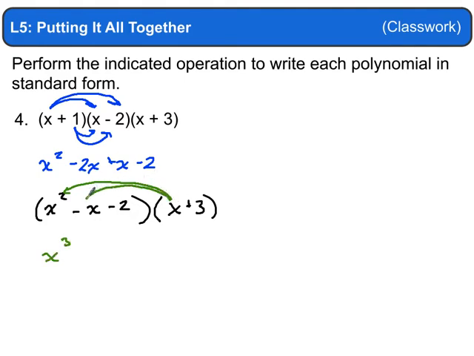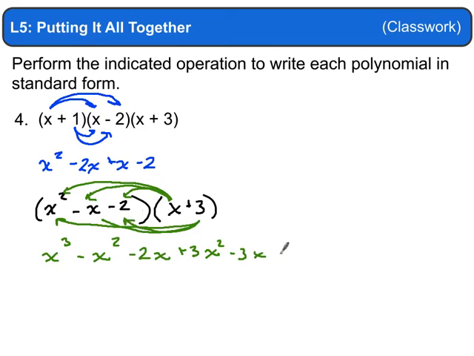And then x times negative x is negative x squared. And then you get negative 2x. And then we'll do the same thing with the 3. This one will multiply to here, so you'll get a 3x squared. Then you get a negative 3x. And then you'll get a negative 6.